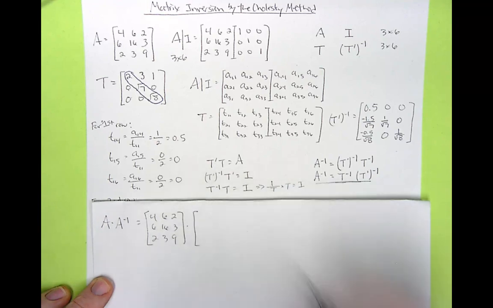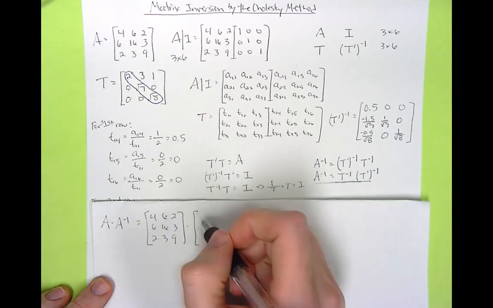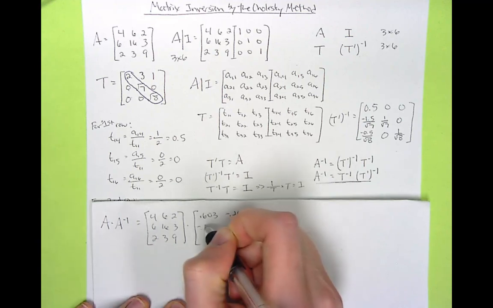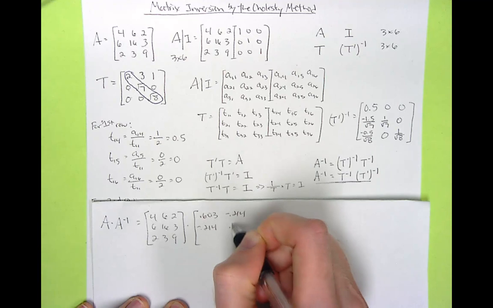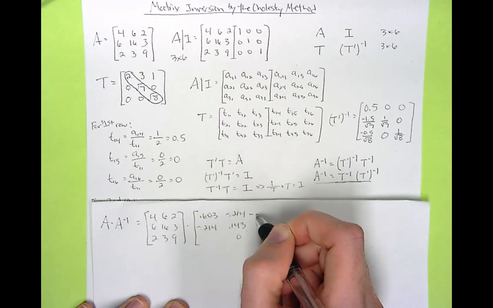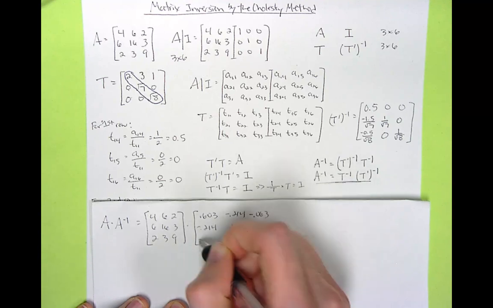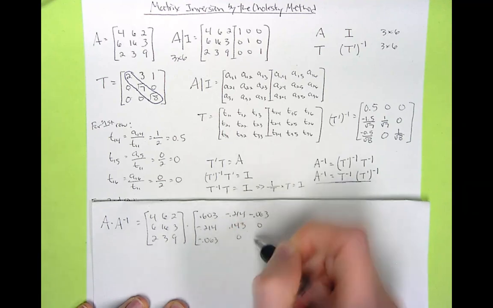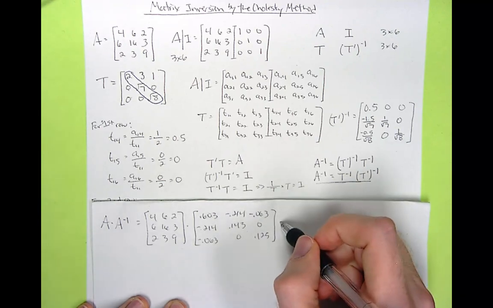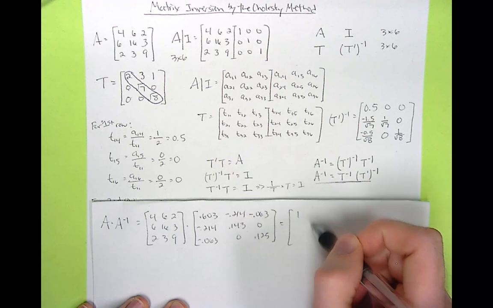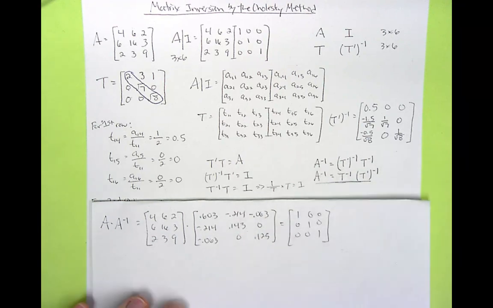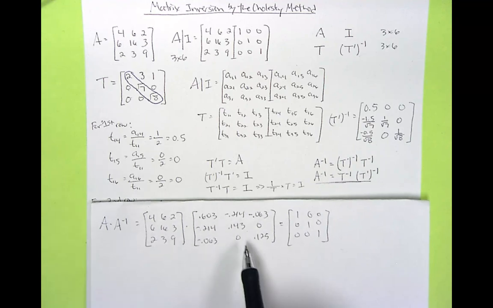And when we multiply it by the inverse, you can do this by hand or Excel or whatnot, but it does in fact equal an identity matrix. So we know that what we got as the inverse of A is correct.